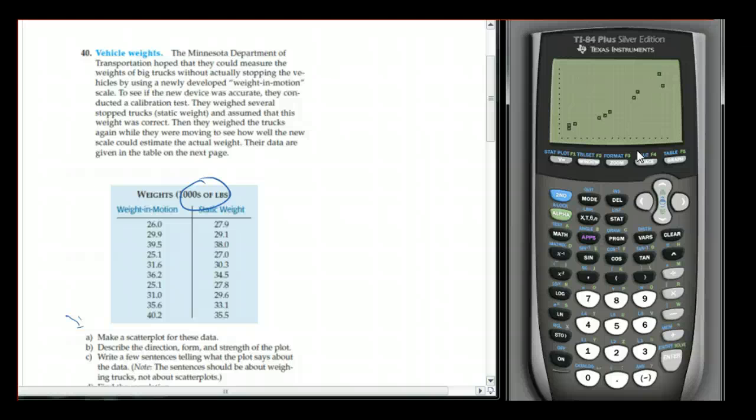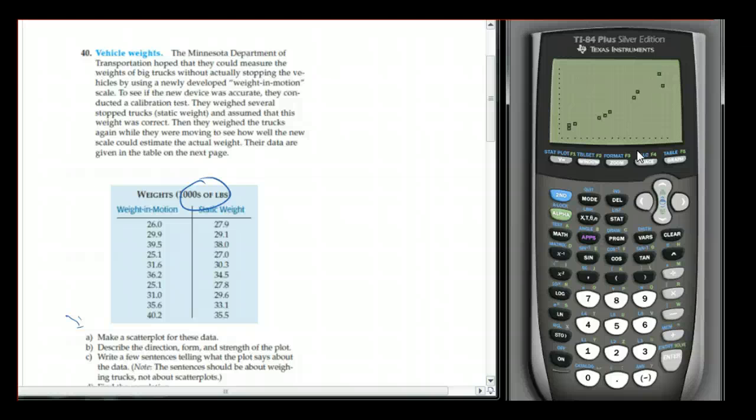So if the static weight is 27.9 thousand pounds, we want the weight in motion to be 27.9 thousand pounds. But how good is the correlation here? Well, in this case, you want it to be pretty close to 1, because you want to be fairly accurate. These are still trucks, right? Whether they're moving or stopped, their weight should be the same. So there's a scatter plot.